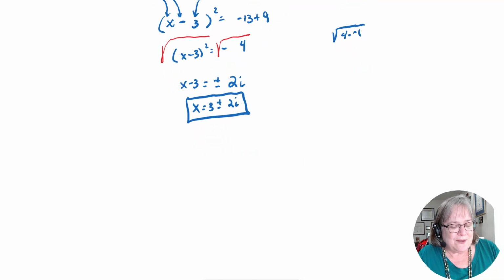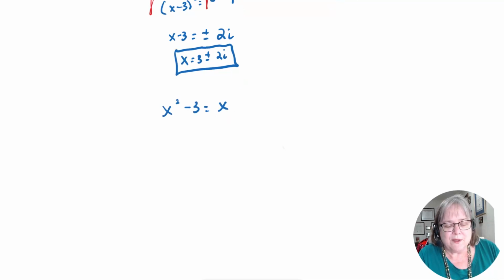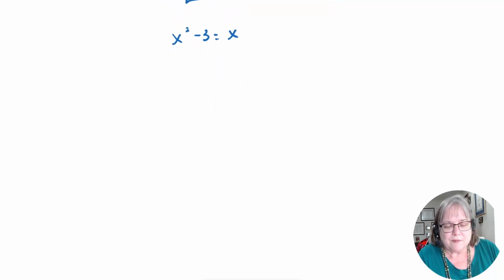All right, so let's try another one. What if you have x squared minus 3 equals x? Because sometimes they're just all jumbled up. Well, if we're going to complete the square, it has a lead coefficient of 1, but I need my x's on one side and to move my constant to the other side. So it would look like this, right?